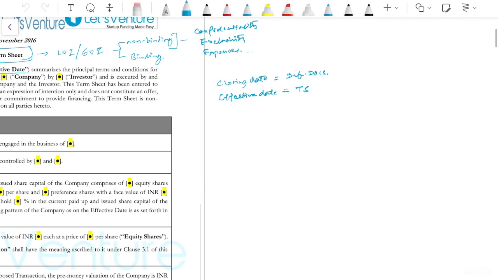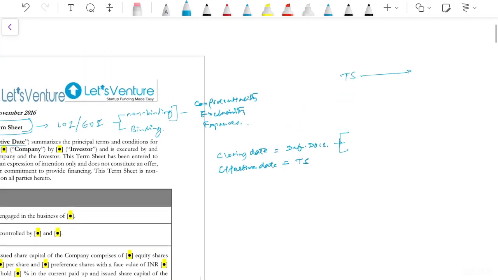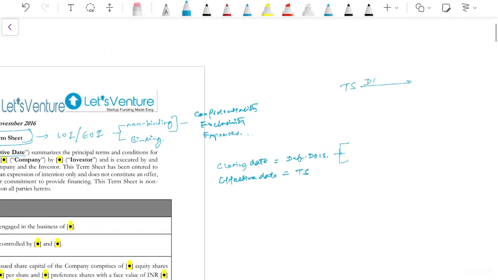Now, also, it is important to understand what are definitive documents. So, when we sign a term sheet, what is followed by that? See, essentially, a term sheet is signed, then what follows is a process of due diligence. So, there can be financial due diligence, vendor due diligence, commercial due diligence, tax due diligence, and so on and so forth.